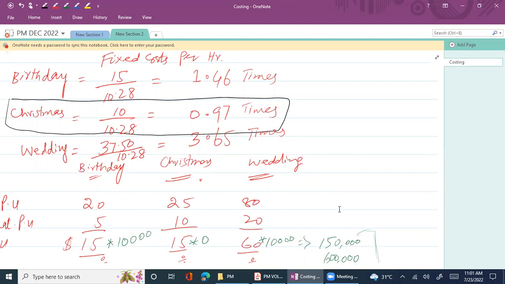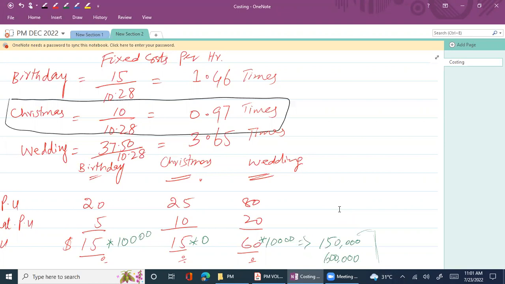So now listen carefully. We will write in this way: as the throughput accounting ratio of Christmas cake is lower than 1, which shows that there is a loss, and based on this ratio, it is not financially viable to continue with the Christmas cakes. So the company should cease the production of Christmas cake based on the financial calculations.